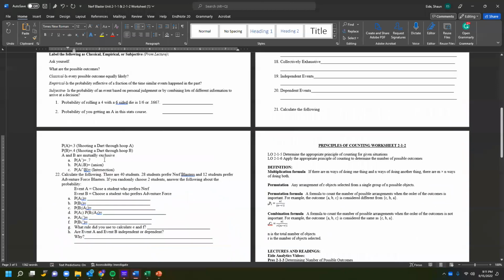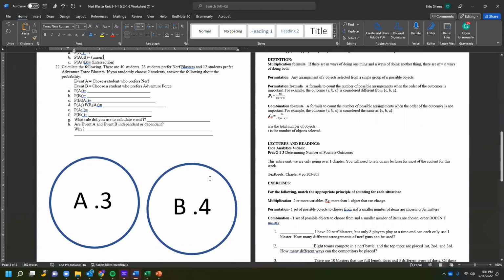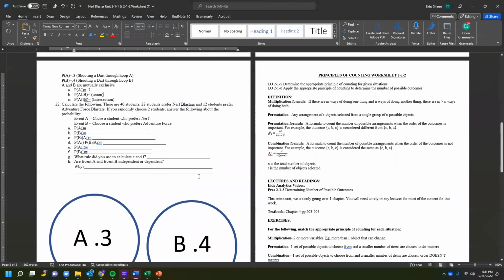So it's going to be the probability of A plus the probability of B minus the probability of A and B. And so right there is the probability of A or B.